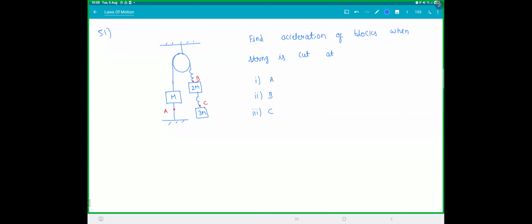This is at the instant of cutting, just after the string is cut. If you take a small time interval, I can't find it, since the spring lengths will change and the whole thing will get messed up.